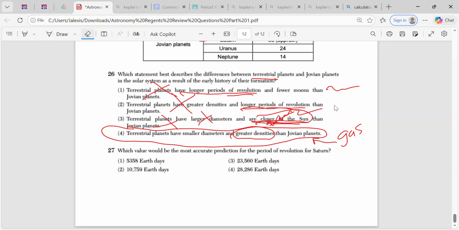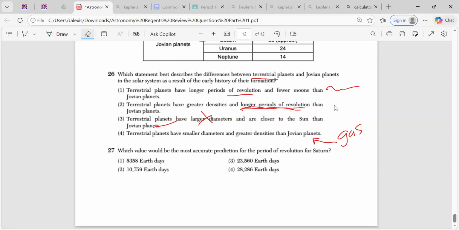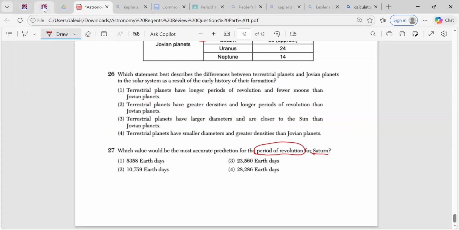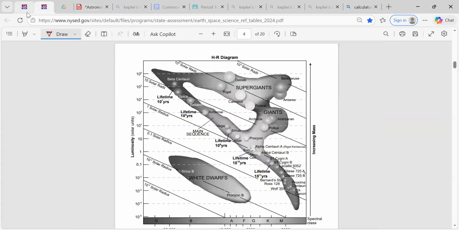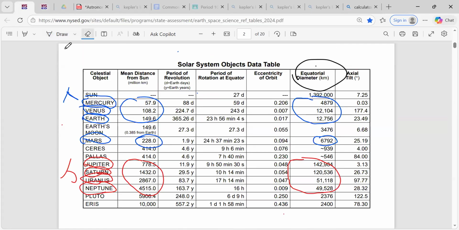All right, now we're going to look at number 27. Number 27 says, which value would be the most accurate prediction for the period of revolution for Saturn? Well, period of revolution is a term I have seen in the reference tables. Let me take a look at the period of revolution for Saturn.